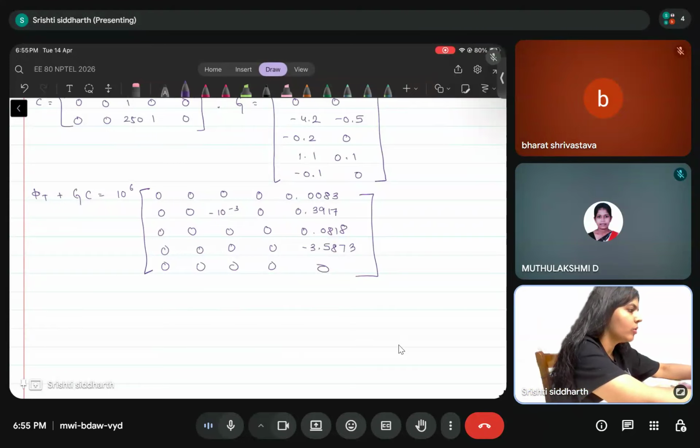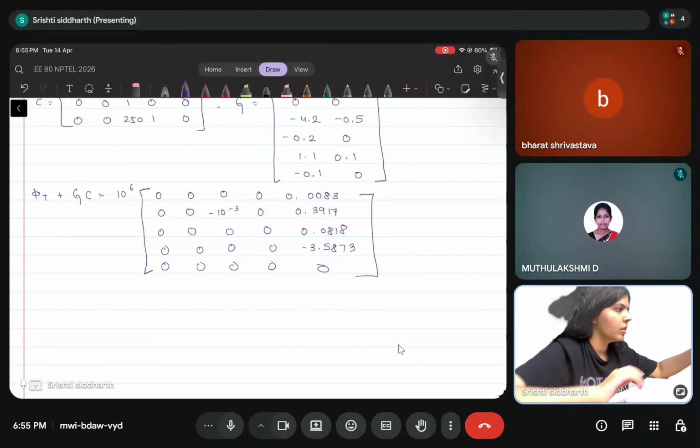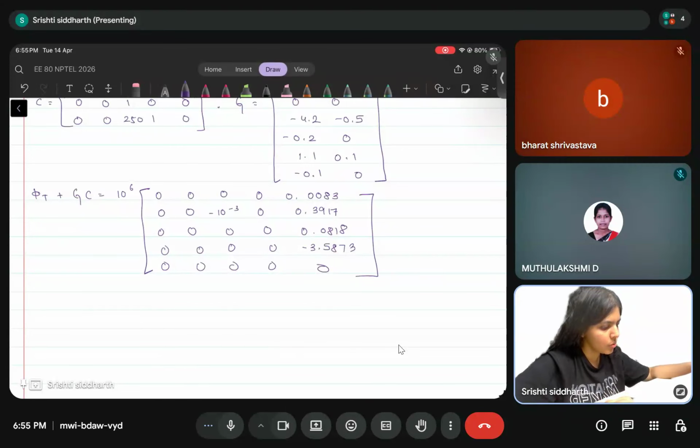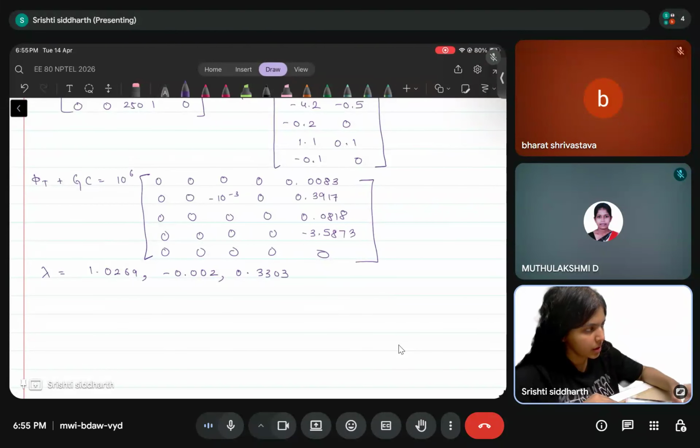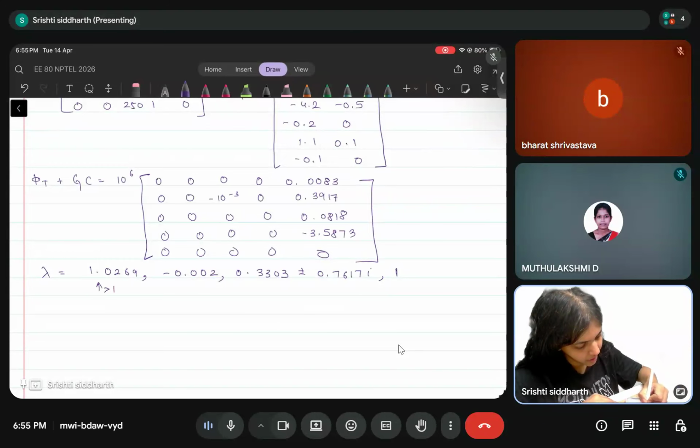And then the eigenvalues are 1.0269, minus 0.002, 0.3303. So this is greater than 1, right?